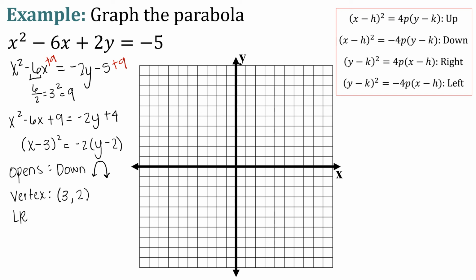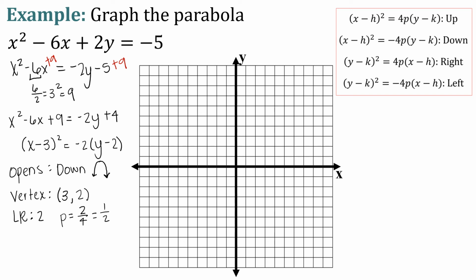I see that my latus rectum is 2. So my P is -1/2, because I did 2 divided by 4. So it's going to be 1/2.